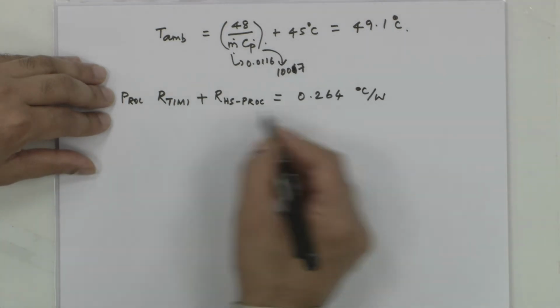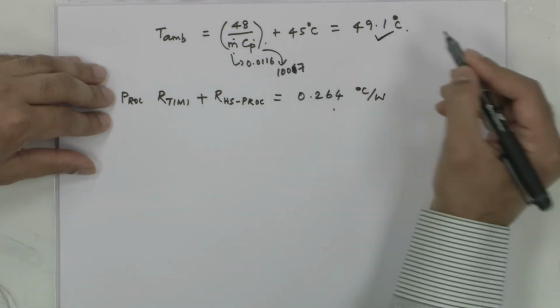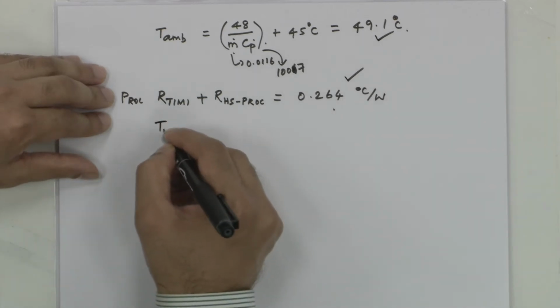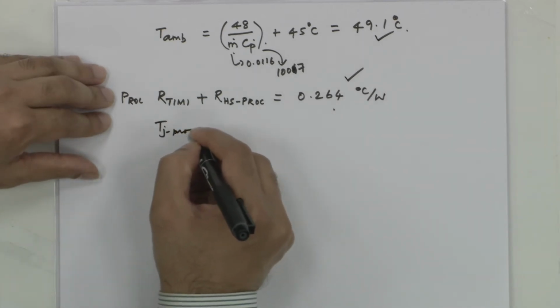And so, using this resistance and the local ambient temperature, we can calculate the junction temperature of the processor.